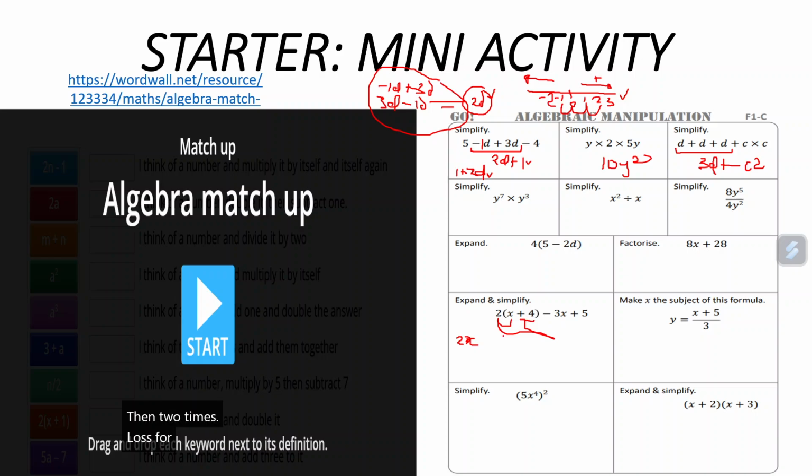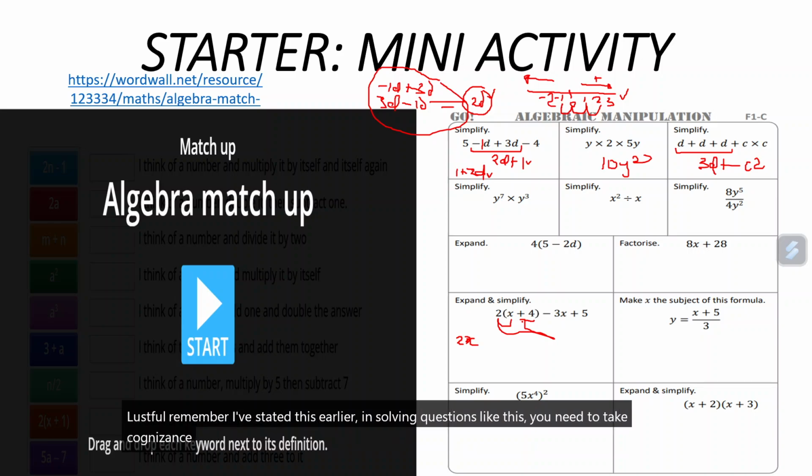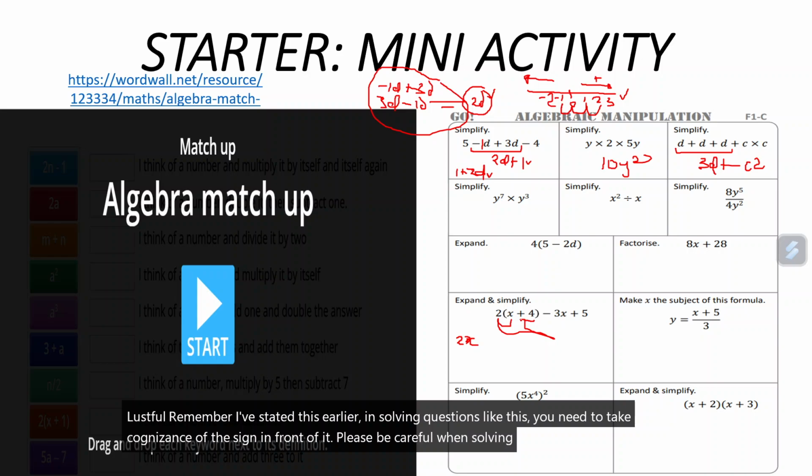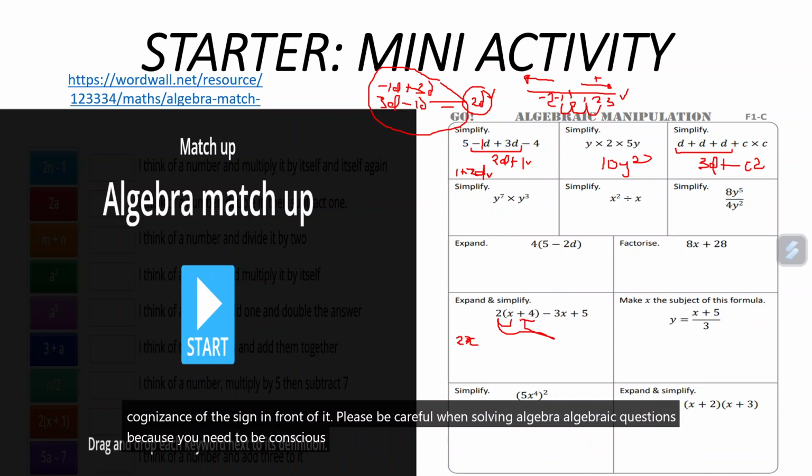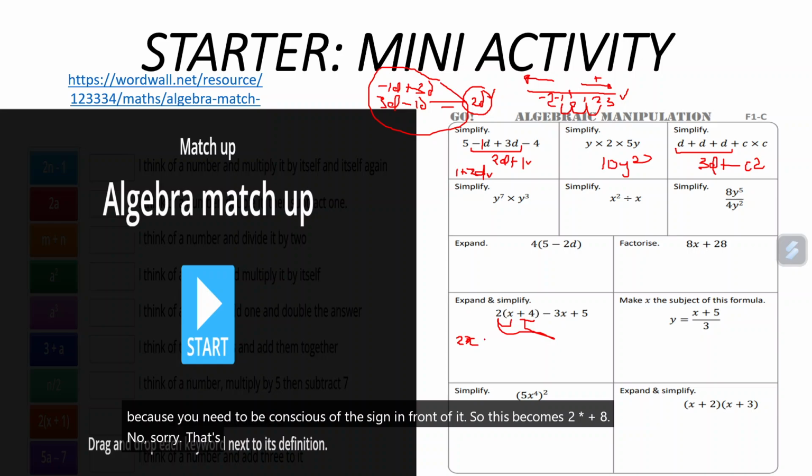Remember, I've stated this earlier: in solving questions like this, you need to take cognizance of the sign in front of it. Please be careful when solving algebraic questions because you need to be conscious of the sign in front of it. So this becomes 2 times plus 8. No, sorry, that's 2 times plus 4, that becomes plus 8.